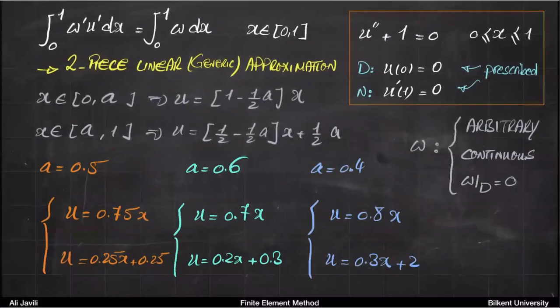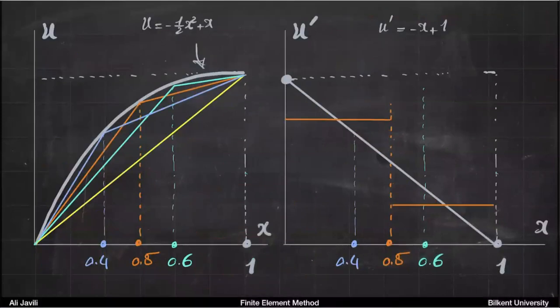You can play the same game for the other ones. So for instance, if you think of this one now, it would be 0.7. Then for the second piece, it would be 0.2. So the other one would be 0.7, slightly less in the first half, so it's going to be somewhere here, and then also 0.2, slightly less in the second half.